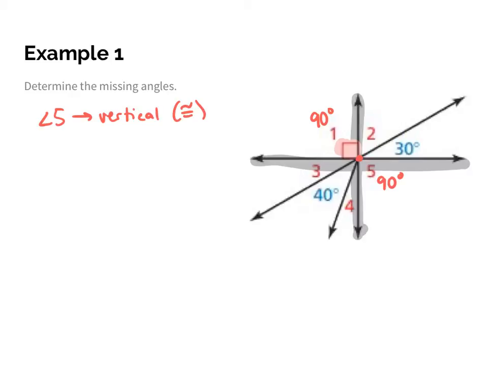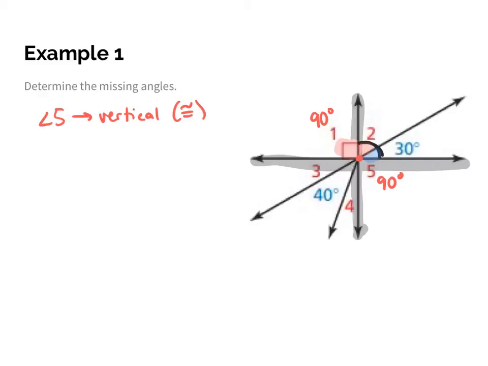So how do we use this idea to solve for 2, 3, and 4? Well, what we also know is that at the intersection of two perpendicular lines, if one of the angles is 90 degrees, essentially it forms a linear pair. This angle plus the big angle here, and I'll label this with this little loop, would also have to be 90 degrees. They form a linear pair. So if this chunk right here is 30 degrees, our goal is to find the chunk next to it labeled angle 2.